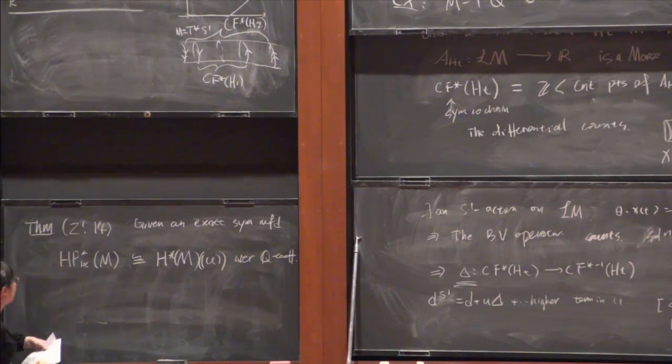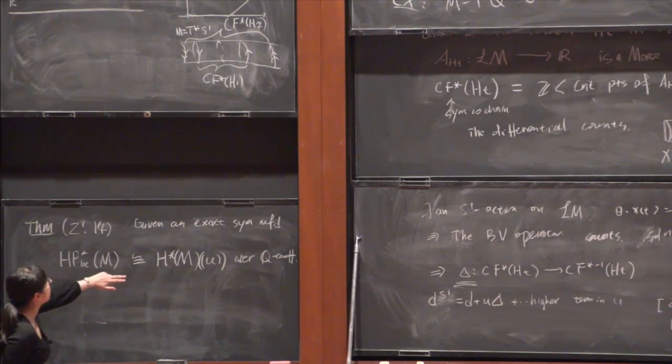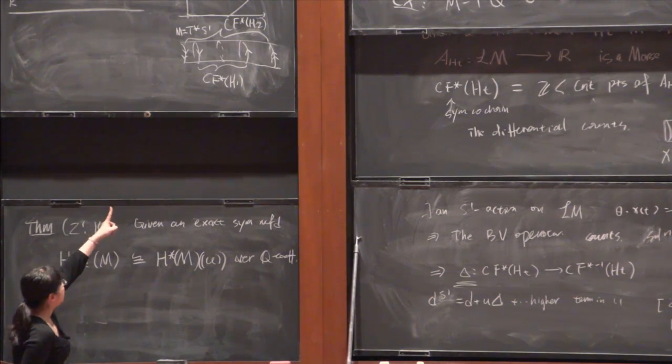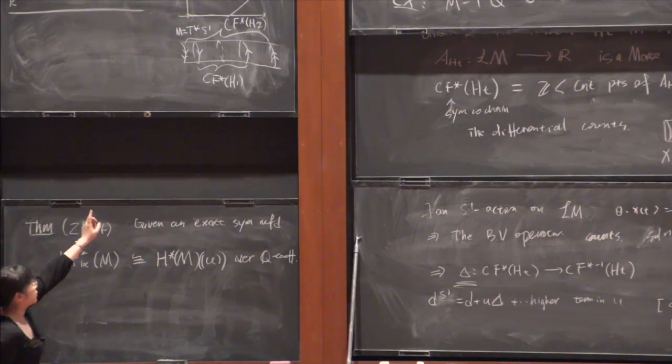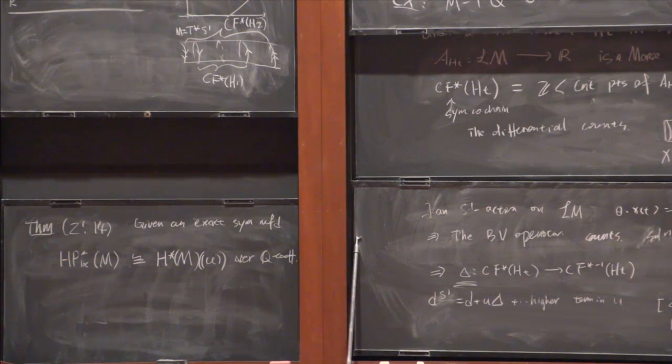Okay, so since I don't have enough time, the proof of this is not particularly hard. You just have to think of, for example, I have an S1 action on the loop space. What are the stabilizers that I get for each generator?